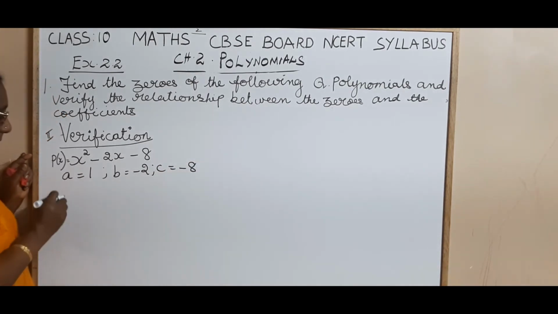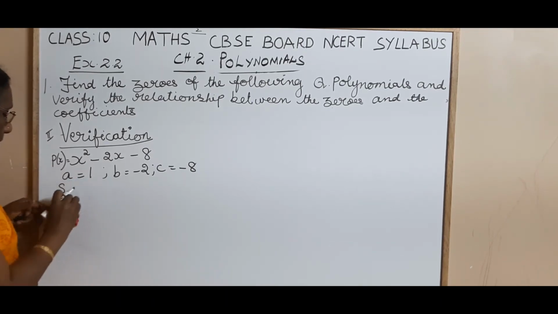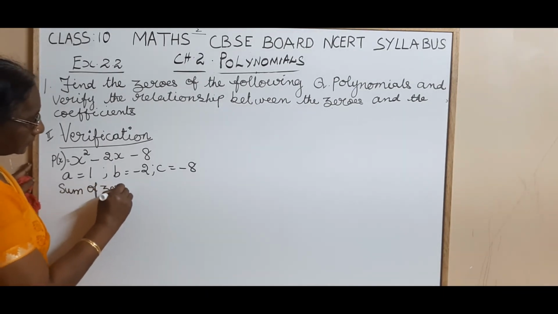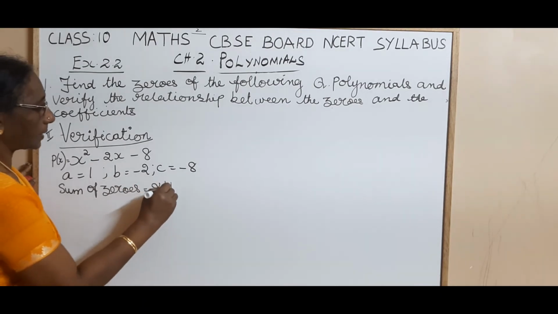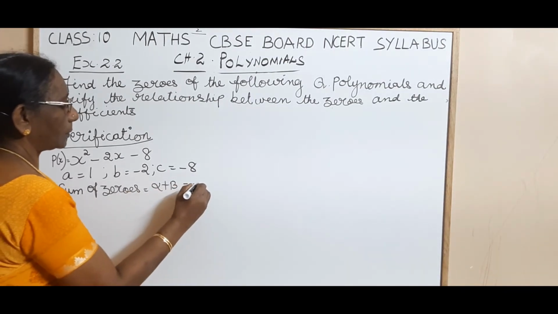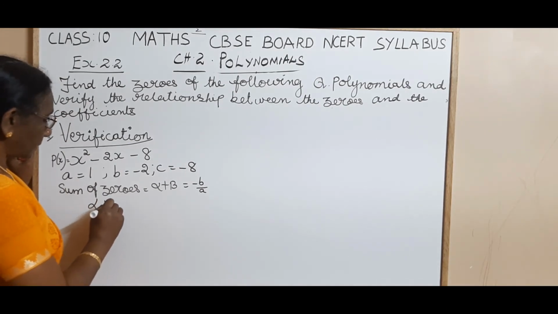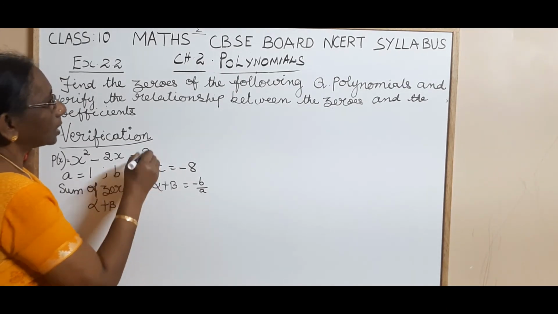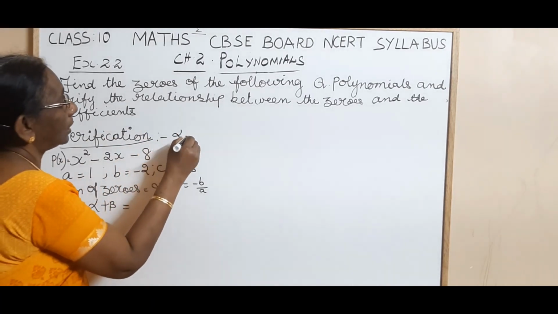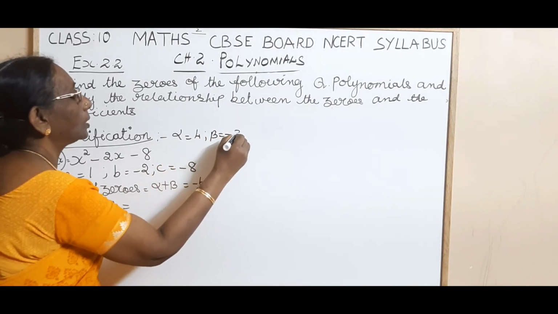So first, sum of the zeros, alpha plus beta, should be equal to what we have to verify: minus b by a. So let us find alpha plus beta first. Zeros are alpha is equal to 4 and beta is equal to minus 2.